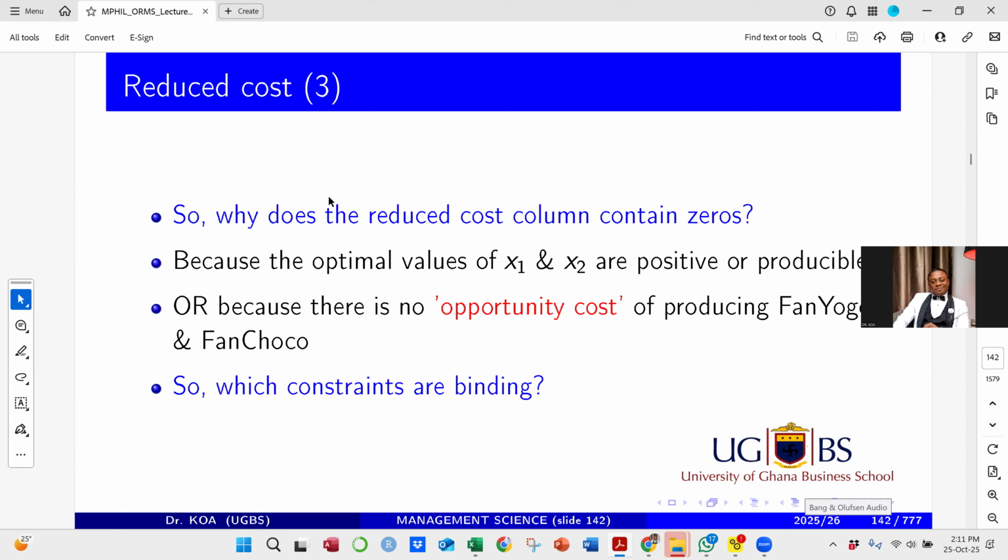Okay. Another way to indicate that a constraint is binding is when there are no slacks. Write it down. When the slacks are 0, the constraint is said to be binding. That's another one.